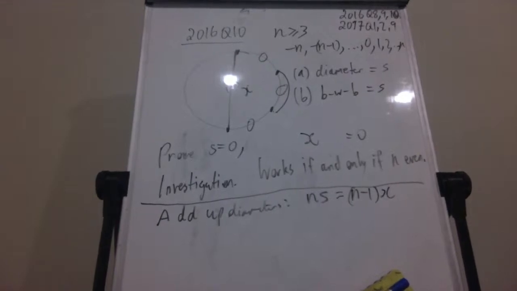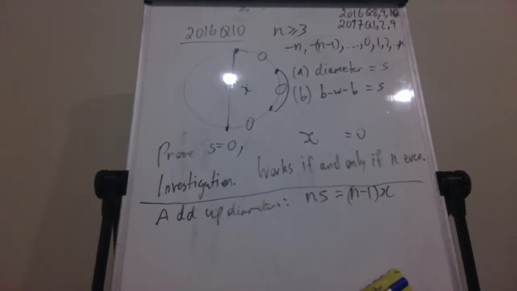We're not worrying about that right now. Just look at that first. So adding up diameters means ns has to be equal to n minus 1 times x. What could be significant about that equation? Think of it like there will have to be integers. Yes. So that means n and n minus 1 are co-prime.